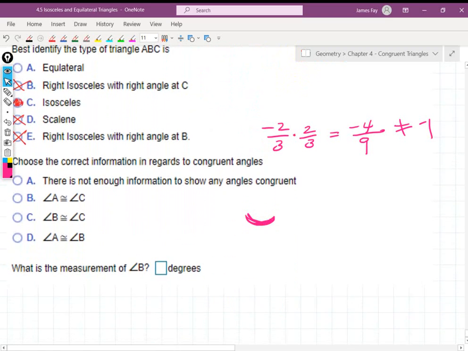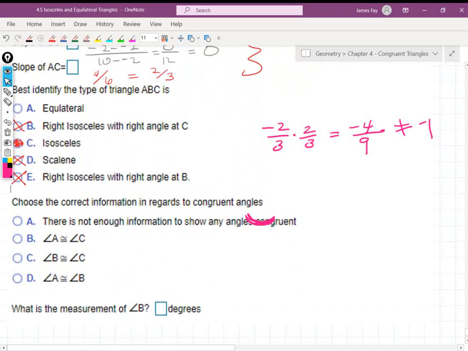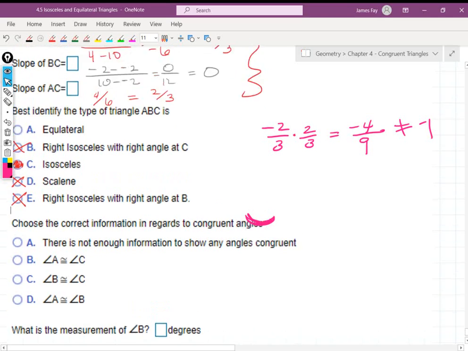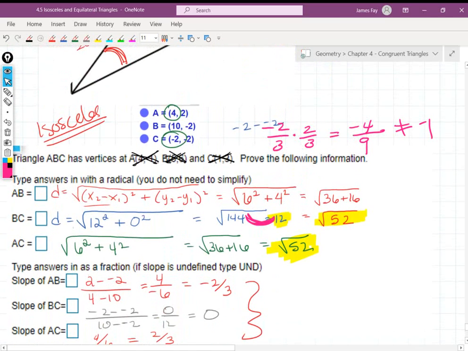Says, if it is isosceles, then which set of angles do you know are congruent from it being isosceles? The two sides that were congruent, if you just draw a quick sketch of this, it might help. We've got A, B, and C. AB we just said was radical 52.